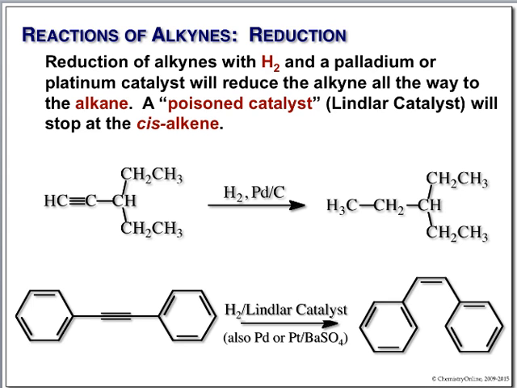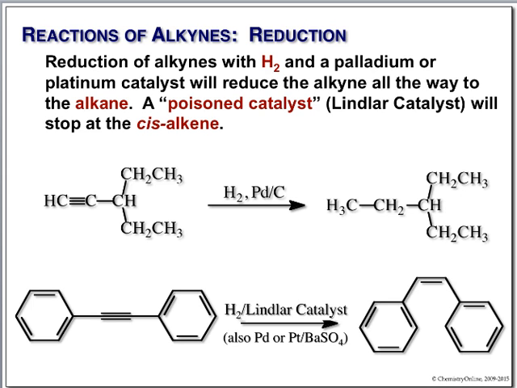It's a very, very poor catalyst. It is good enough to add 1 mole of hydrogen, but it won't add 2. Platinum or palladium on barium sulfate will not reduce an alkene.